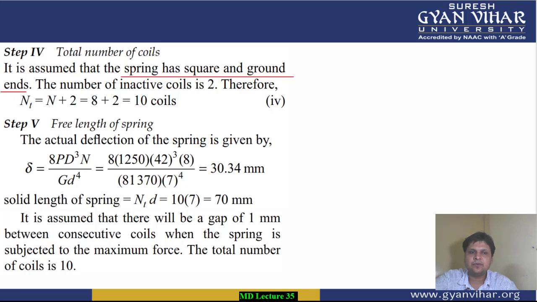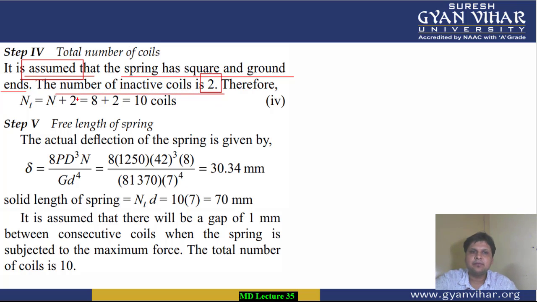If the style of end is square and ground, since it is not given in the question, we are assuming it. We are assuming that the spring has square and ground ends. This means that for square and ground ends, the number of inactive coils in such a style is 2.